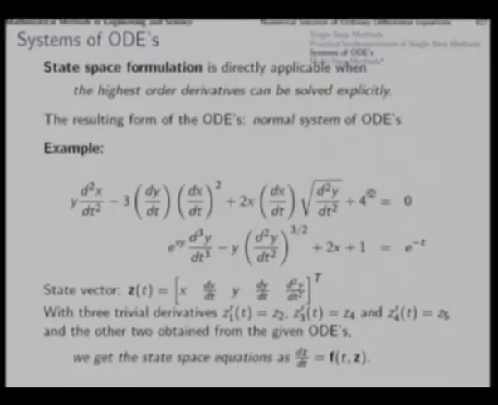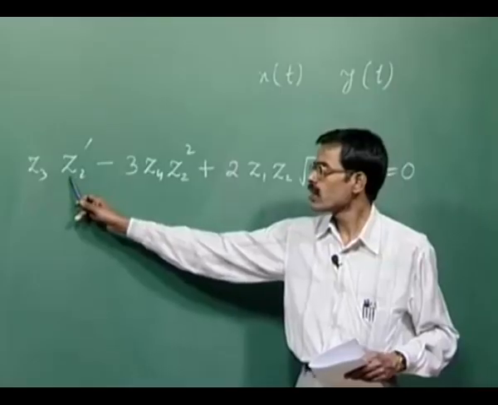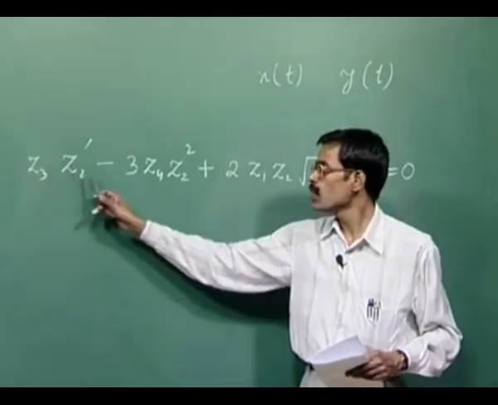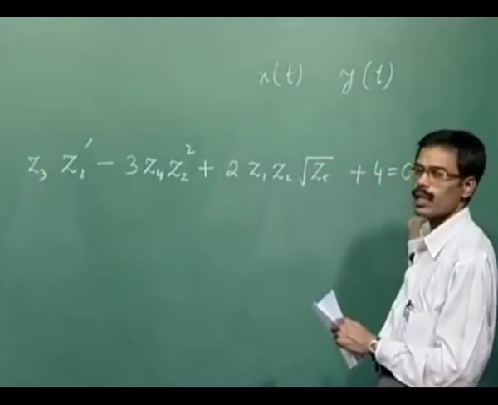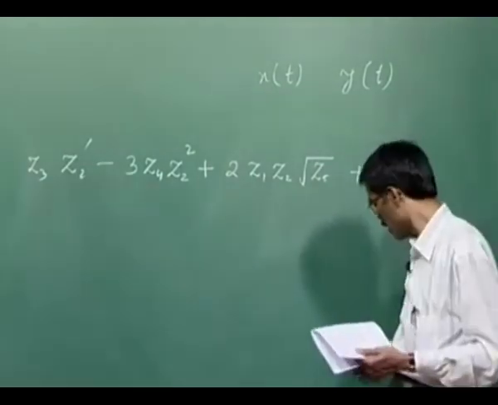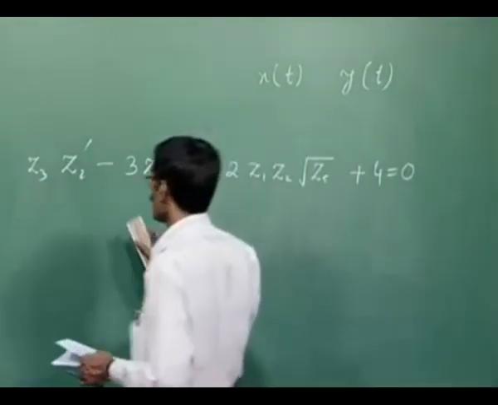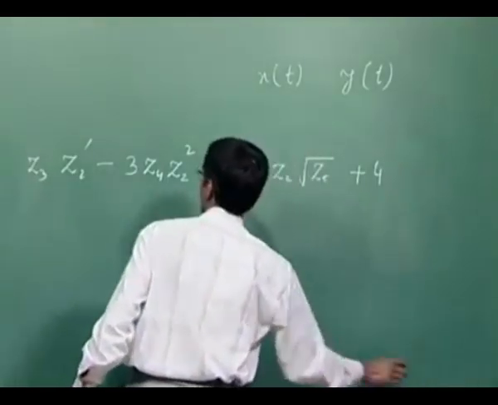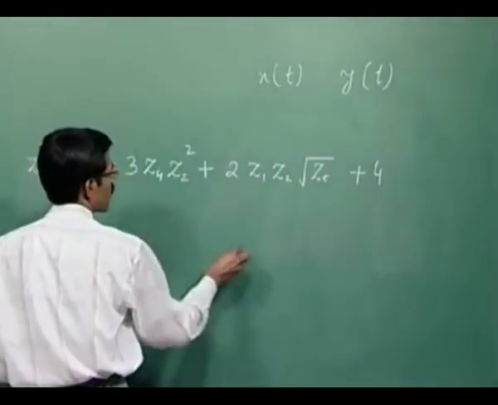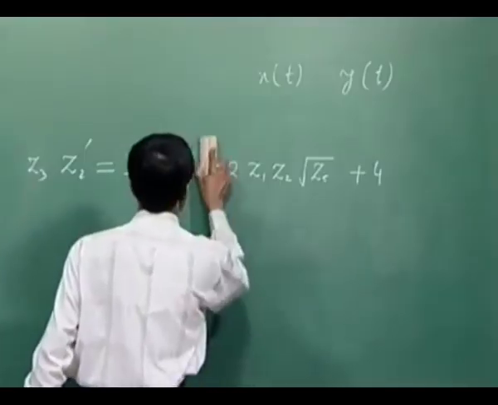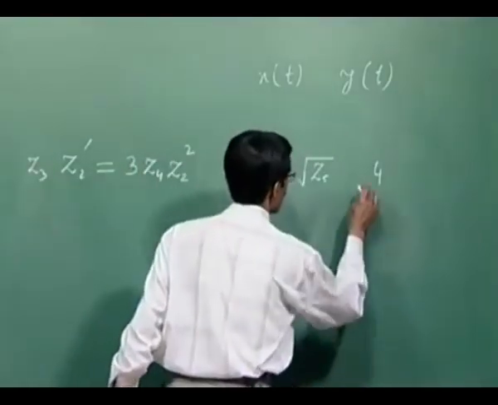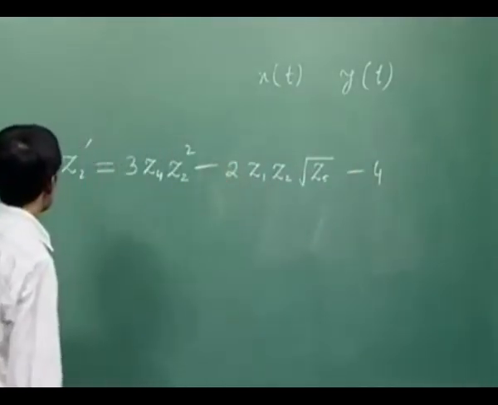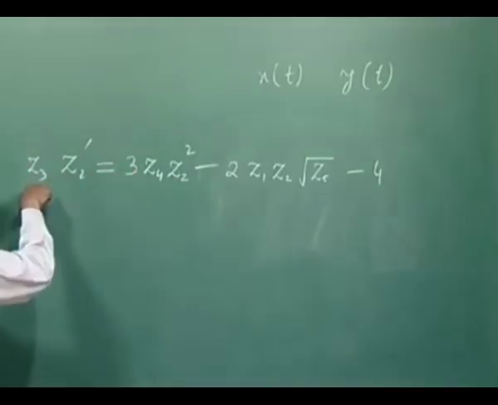So, from this differential equation, can we not find z2 prime? We can find z2 prime. We take this whole thing on the other side of the equation, and then we divide this whole thing by z3.